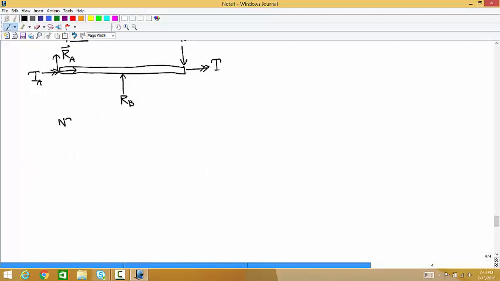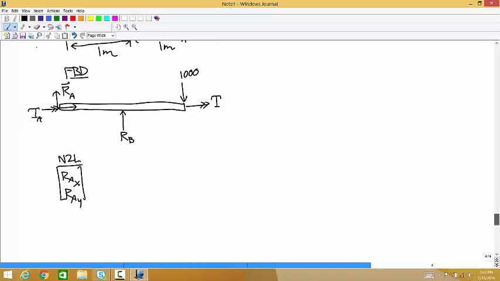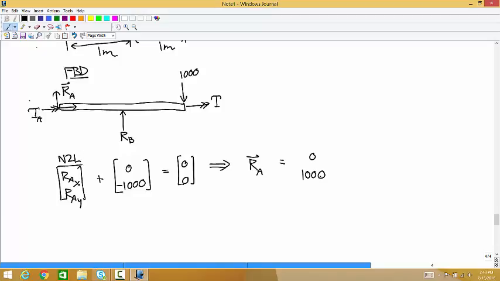Okay, so Newton's second law says RA, I'll break it into components, plus 0, negative 1,000 is equal to zeros. Oh no, whoops, I missed a force.